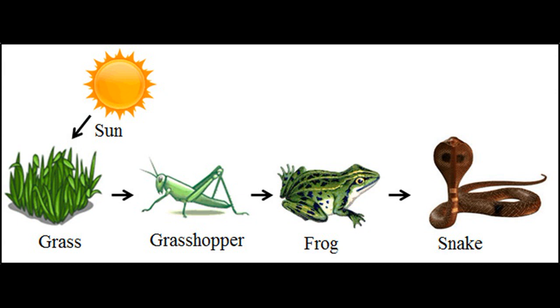From the diagram, we see that grass is a plant which gets food from the sun and its surroundings, and which is eaten by the grasshopper. Grasshopper becomes the food for the frog, which again becomes the food for the snake.